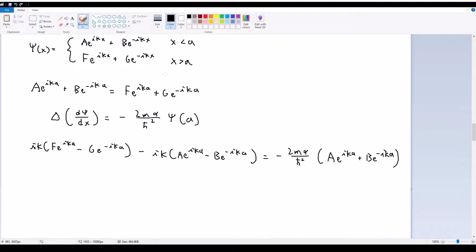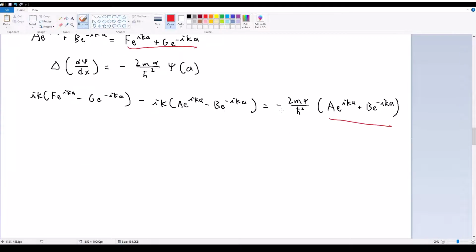But regardless, at this point, our goal is to find the M matrix, and to do that, recognize that we have to solve F and G in terms of A and B. So immediately, what I see here is I can do a substitution. I can take this expression and substitute it into this expression. So if I do that, and I'm going to do it in red, I get ik times F e to the ika minus G times e to the negative ika.